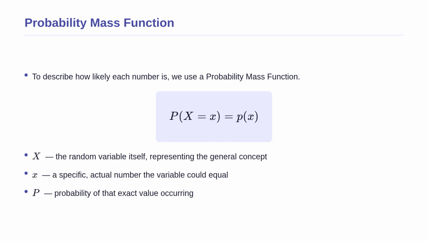The lowercase x represents a specific number it could equal, such as 0 or 1. The capital P stands for probability. So the left side reads as the probability that the random variable X takes on the exact value x. If the probability increases, the event becomes more likely to happen.